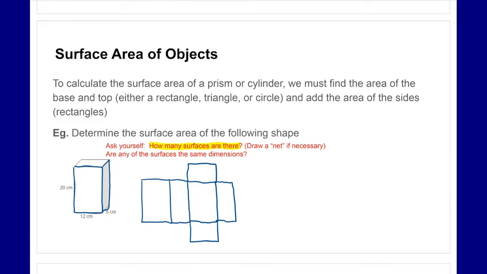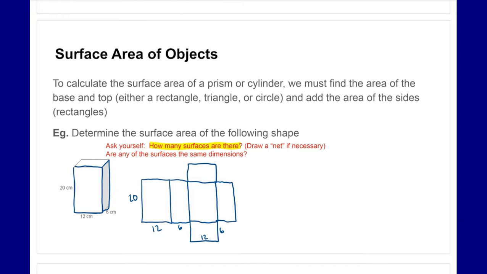Now that I have that, it might be helpful to put in our measurements. The tall vertical lines are going to be 20, these are going to be 12, and the small ones are going to be 6. For our smaller rectangle down here, these would be 12 and these would be 6. So I've laid it out and drawn a net.